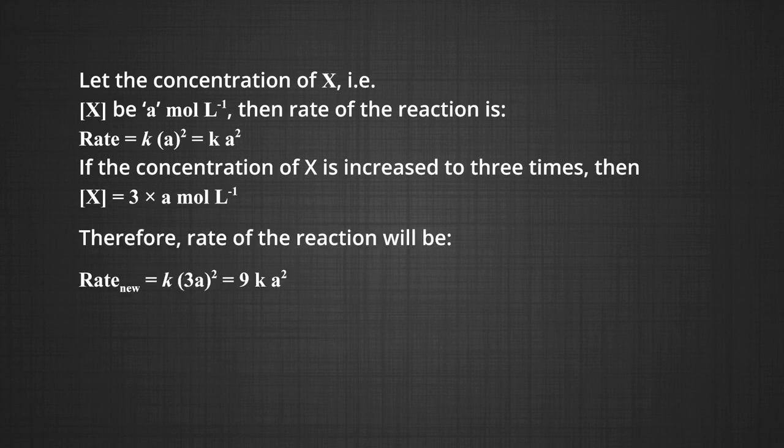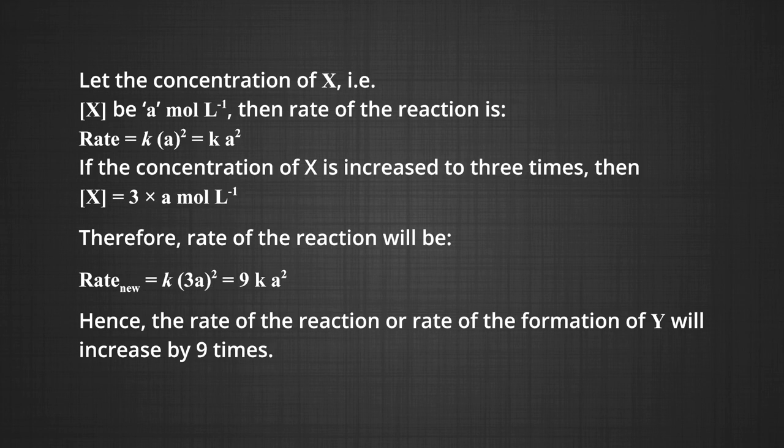Therefore, the new rate will be equal to K into 3a square, which becomes 9 K a raised to power 2. Hence, the rate of the reaction, or the rate of formation of Y, will increase by 9 times. What simply we have done? We have just put the values and seen how many times the rate of the reaction is increased.